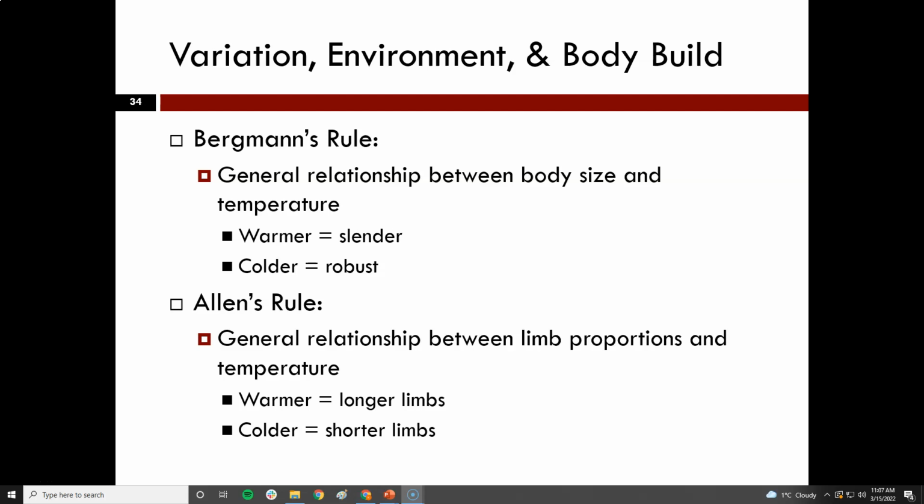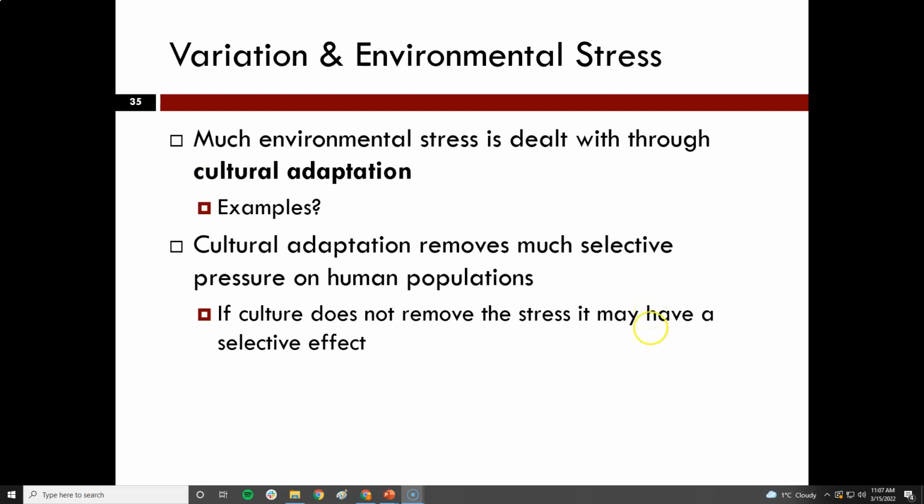So slender bodies, tall bodies with longer limbs tend to be associated with warmer climates, and that has to do with the dissipation of heat and having less surface area, again, in these high UV environments, whereas we have more robust and shorter bodies and shorter limbs with wider surface areas in environments with less UV radiation. So it's a complex factor of not just impacting skin color, but other attributes that allow us, again, to adapt and survive in these various kinds of environments.